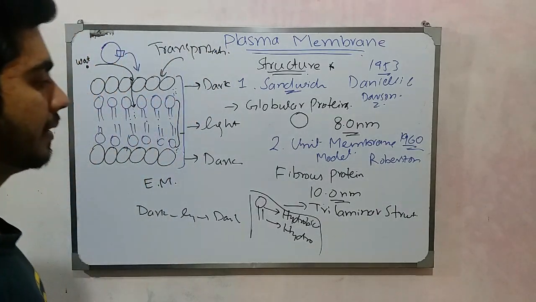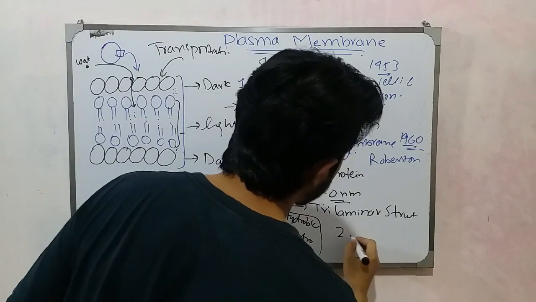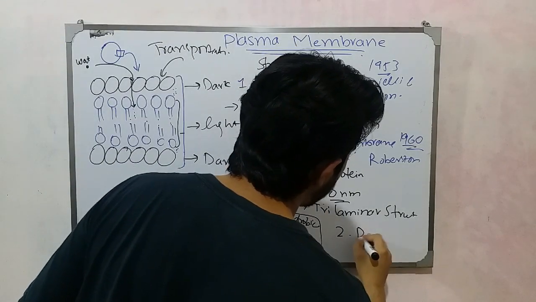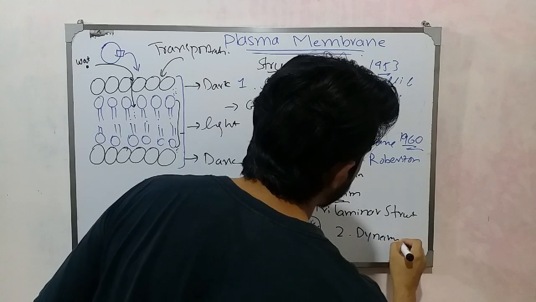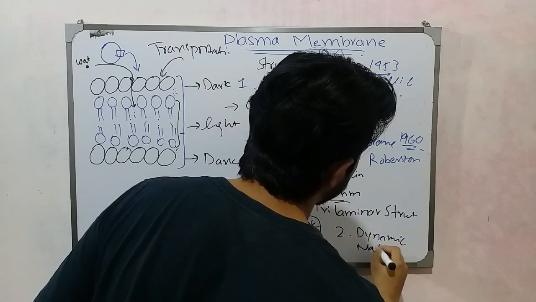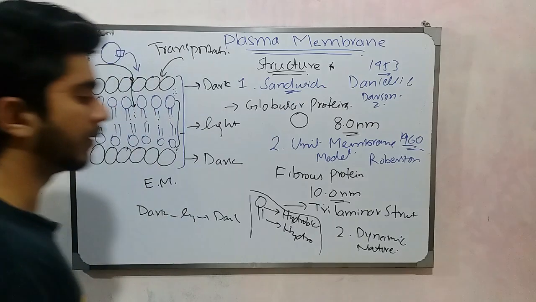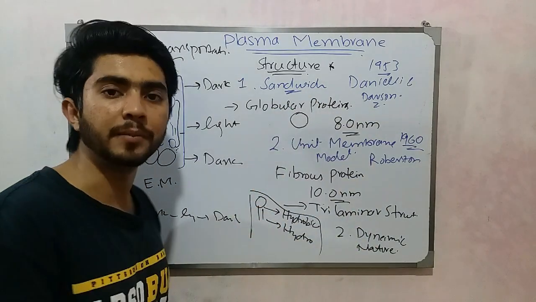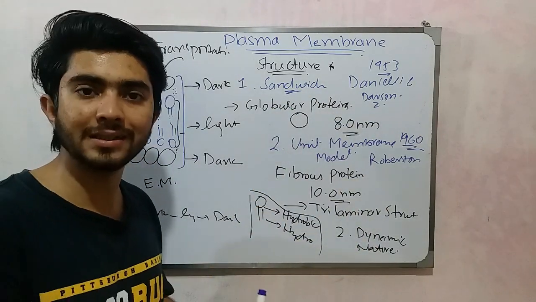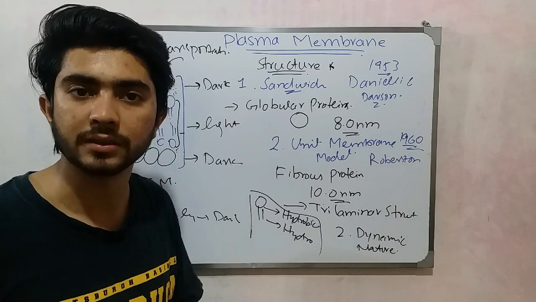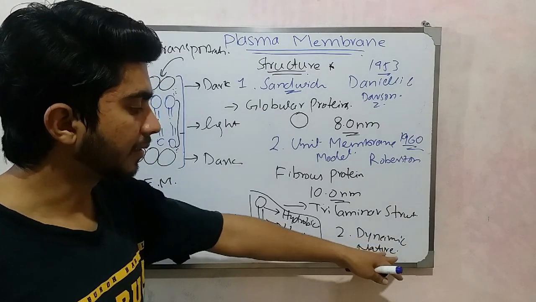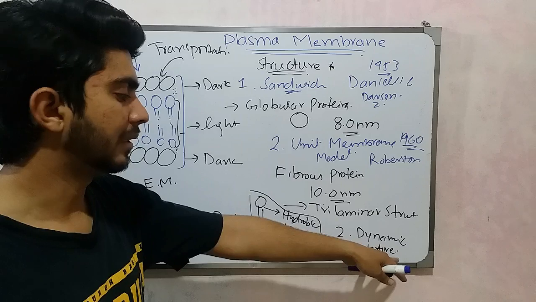And there is another thing: they can't explain the dynamic nature of the plasma membrane. In actuality, the plasma membrane is very dynamic. It is not rigid, but firstly it was thought to be rigid, and now it is thought that it is very dynamic.